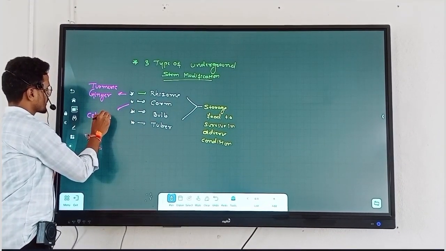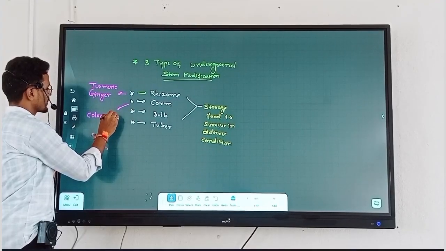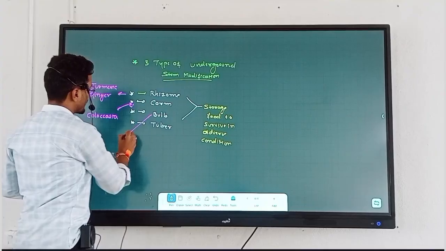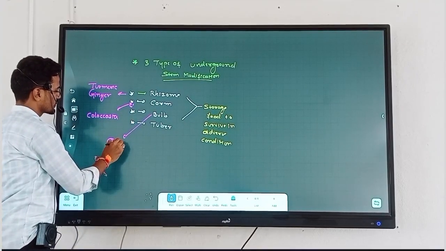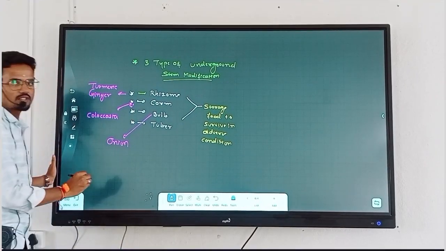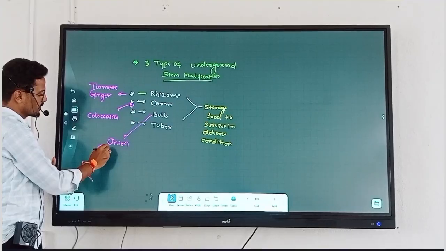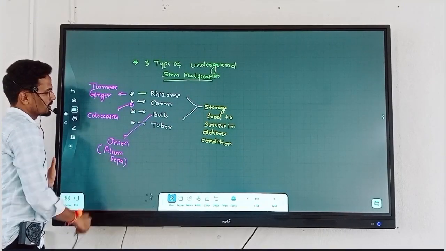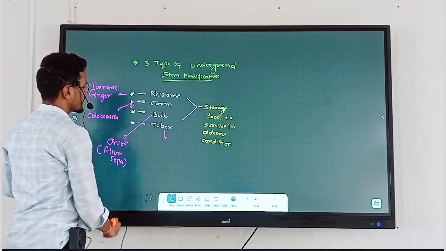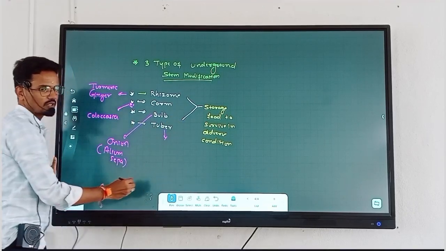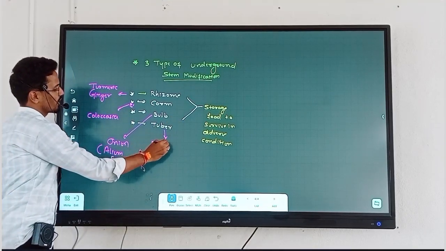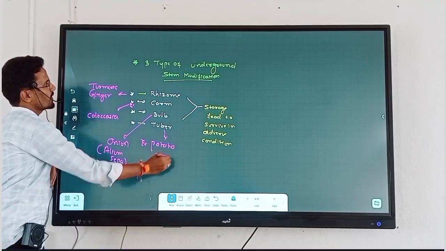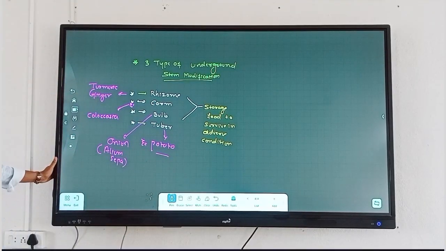Next, the bulb example is onion, the scientific name is Allium cepa. Next, the tuber example is potato. Potato is another example of a tuber type of underground stem.